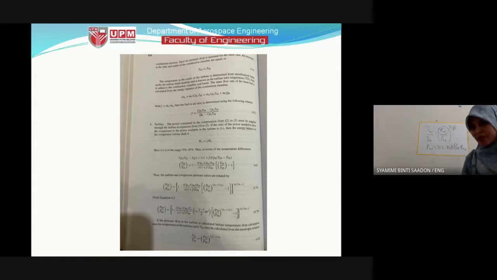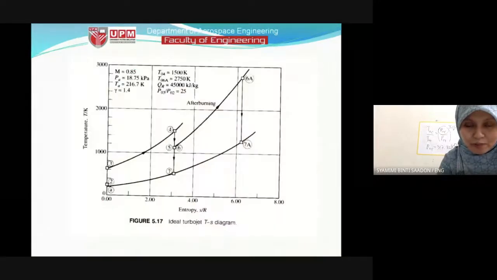So 317.86 kilopascal equals to P total 6. Okay, we have completed points 5 and 6.